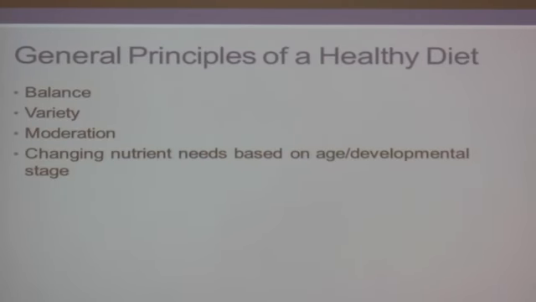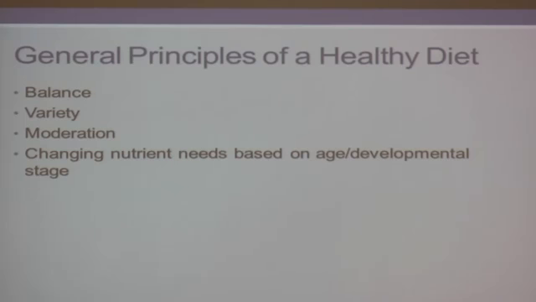Variety, having lots of options and varied choices in each of those food groups is always best. Certain foods have higher amounts of specific nutrients and others have lower. So with variety over a longer period of time, or several days, we end up balancing our nutrients that way. And then moderation. So that's kind of the key. That goes with balance very well.